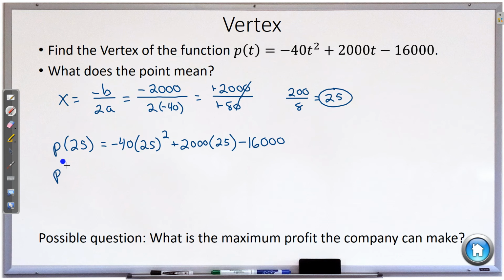So P at 25 is equal to 9,000. So if we charge $25 for a ticket, we're going to make $9,000.